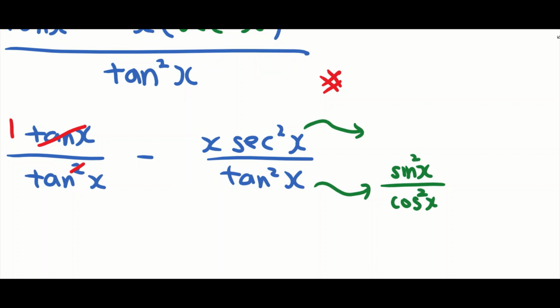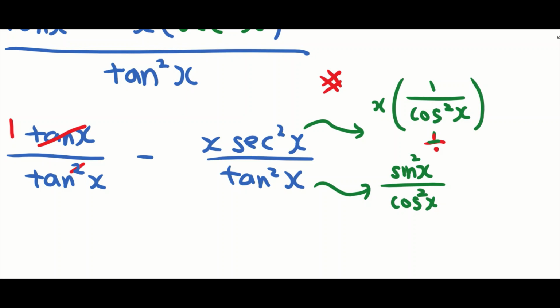But my numerator, secant square x can be simplified to 1 over cosine square. And I know it's a divide. Numerator divided by denominator. Oh, but if I don't like divide, can I do keep change flip? Maybe make my life easier, right?